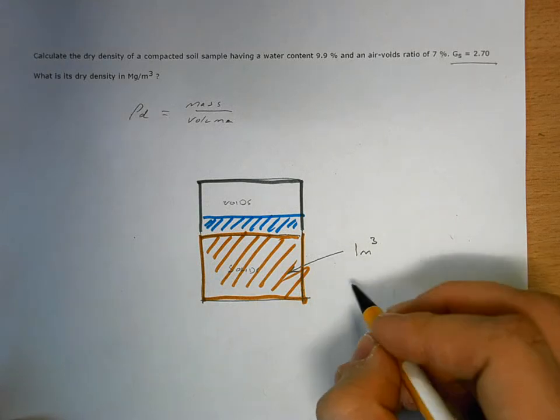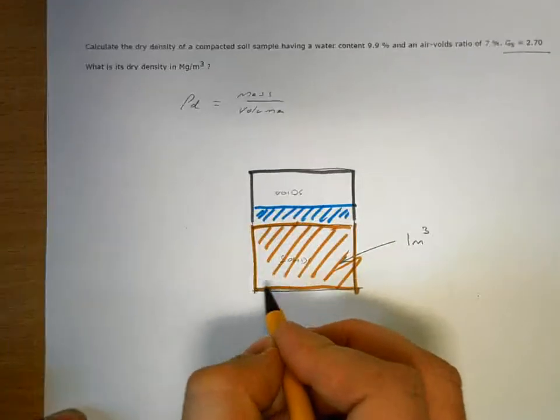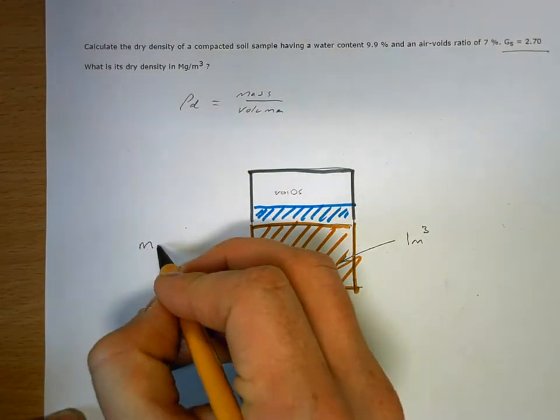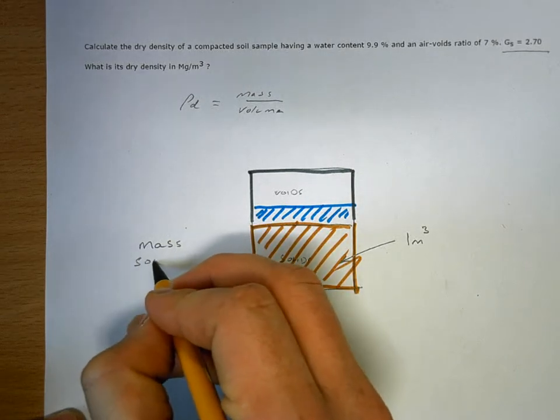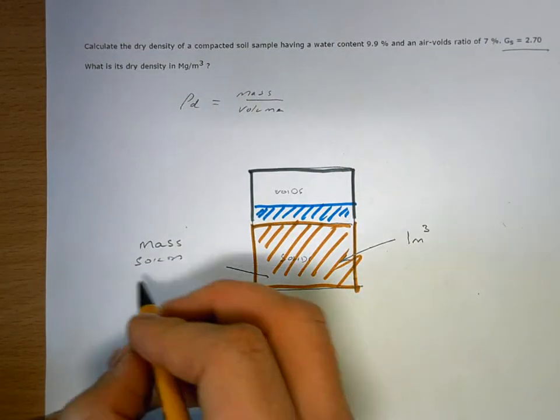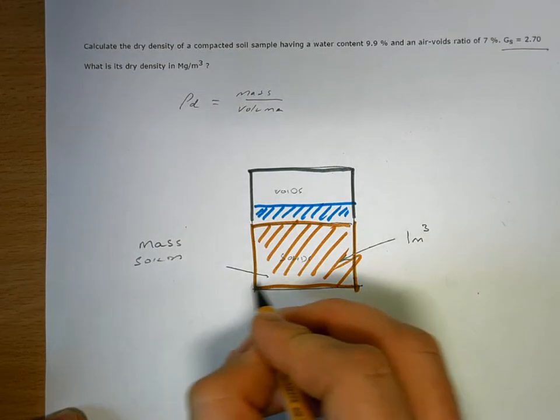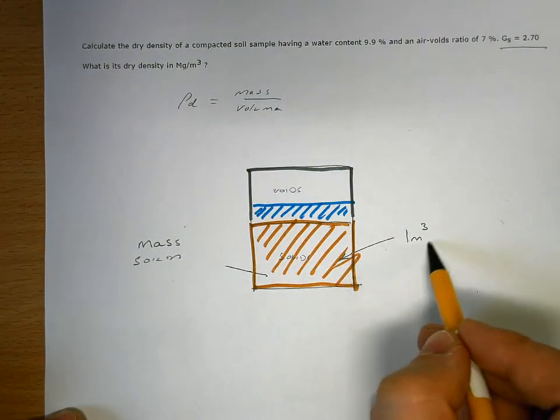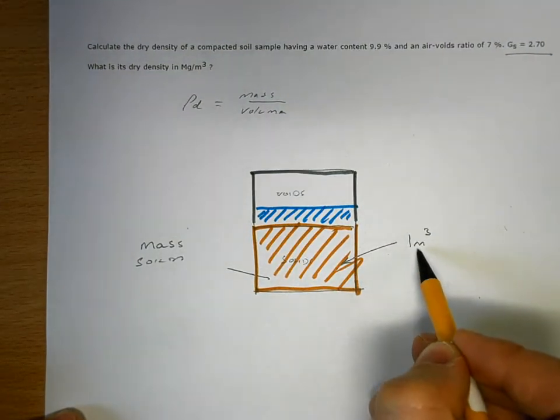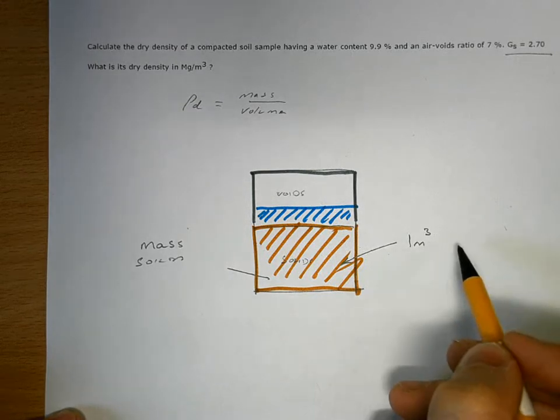Because the mass of the solids is down to how much heavier it is than water. And if we had 1 cubic meter of water, that would weigh 1,000 kilograms or 1 megagram.